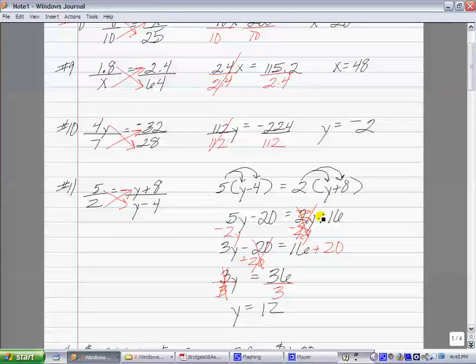Now, if I want to combine the two numbers and leave the variable on one side by itself, I will do the opposite operation of subtracting 20, which is adding 20. So if I add 20 to both sides, I get 3y equals 36. And then, of course, the final step is to divide by 3 on both sides, and I end up with my answer, y equals 12.